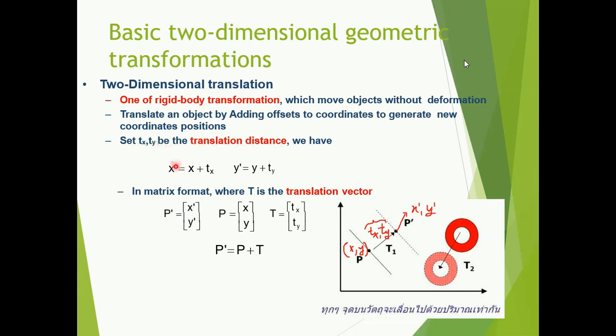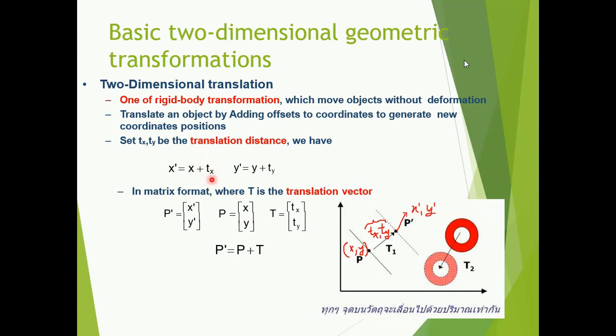Now calculate the new position value of P dash. How can you calculate it? x dash is equal to the previous x value, the original point value x, plus an offset represented as Tx.